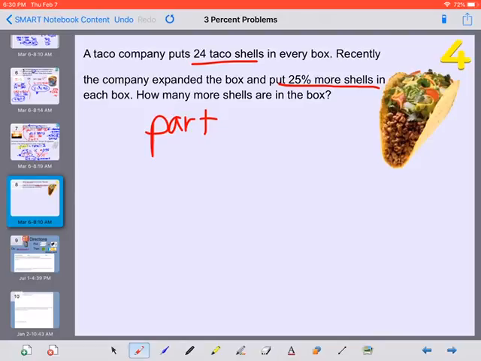The part that we're looking for is the total times the percent as a decimal. So right now, the total is 24. So we want to know, how much is 25% of 24? We want to know how many more can they put in? What part can they add?